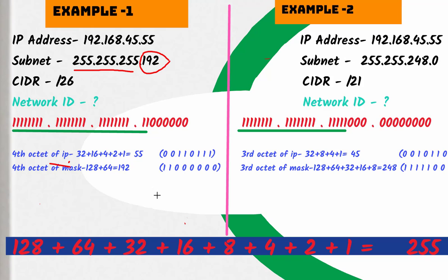Now we know the network address is this, because 8, 8, 8 and then 2 is configured for the network, and these are the host bits. So we are considering the 4th octet, and these first 2 bits we have to consider for the network. So the first 2 bits are 0 0 in the IP and 1 1 in the mask.